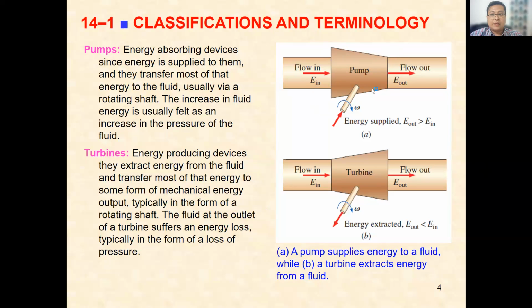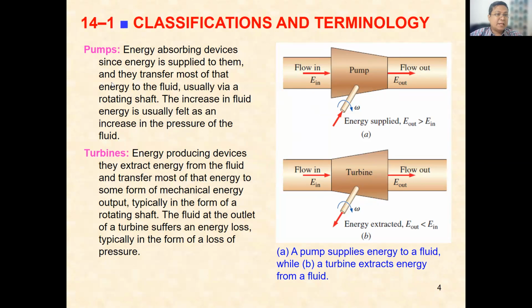In the figure of the pump, the flow comes in with a bigger diameter and comes out with a reduced diameter. In the figure of the turbine, it is the opposite: the input is a small diameter and the output is a bigger diameter. So it is opposite between the pump and turbine.